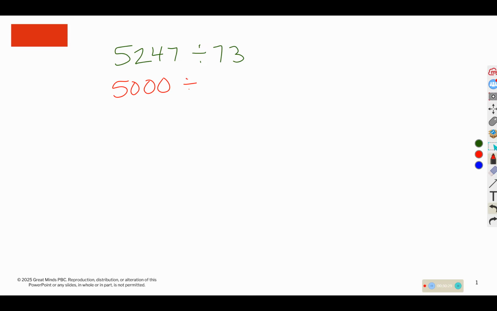Well, multiples of 7 don't make 5 or 50. So we might try something else. We could round this all the way down to 50. And 5,000 divided by 50 could be our approximation. But that's significantly lower than 73.